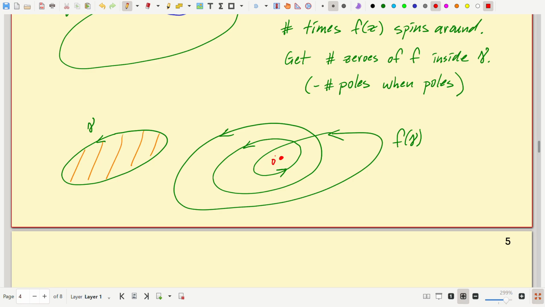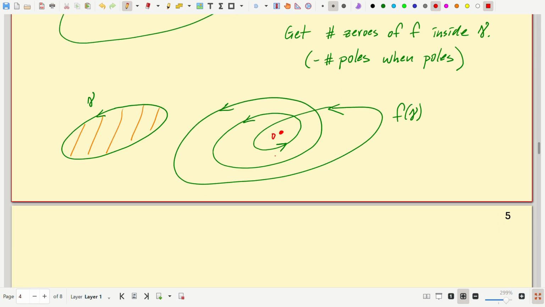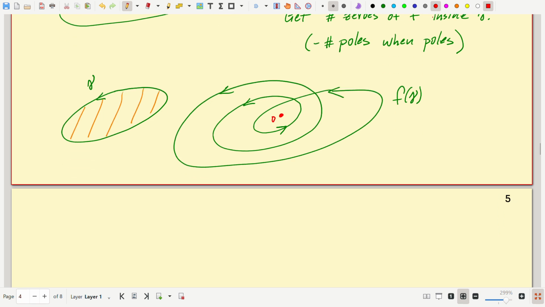Stand at 0 and point at f of z of t as z of t goes around gamma.